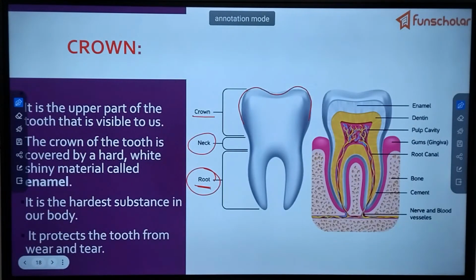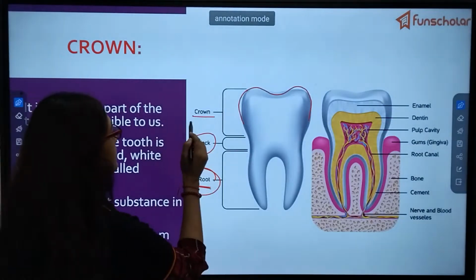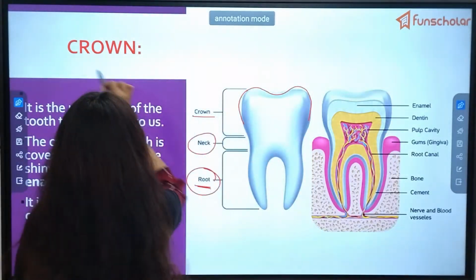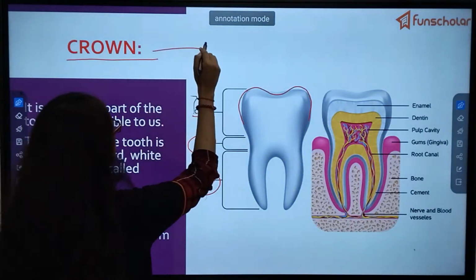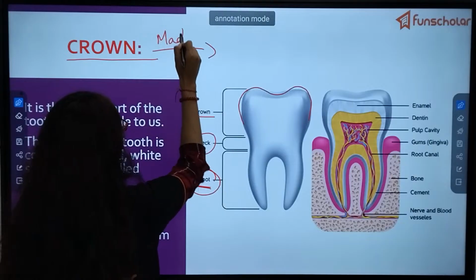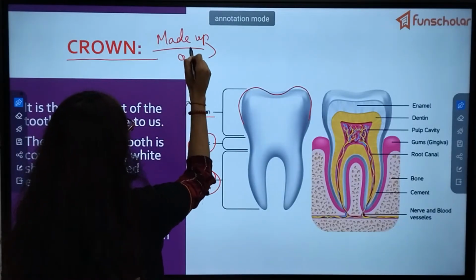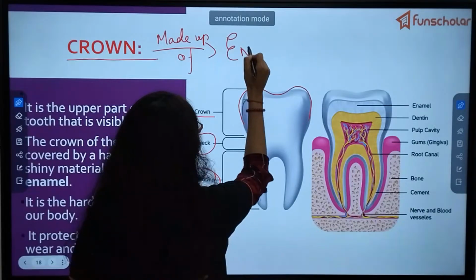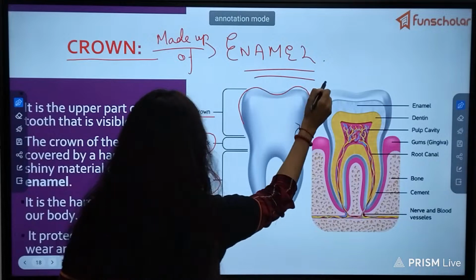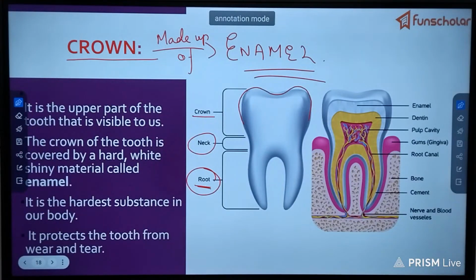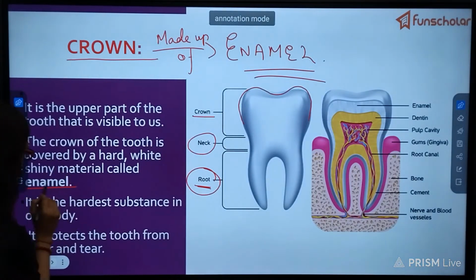Now let's read. It is the upper part of the tooth that is visible to us. The part that is visible to us is nothing but the crown. What is the crown made up of? The crown is made up of enamel. The crown of the tooth is covered by a hard, white, shiny material called enamel.